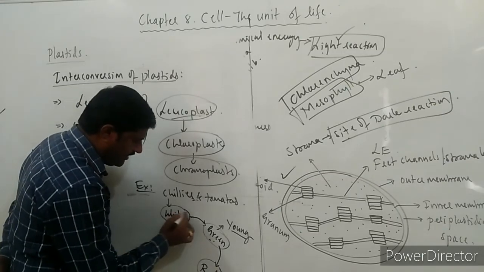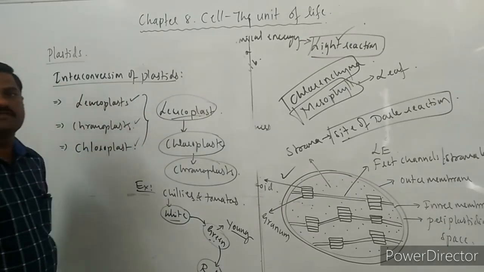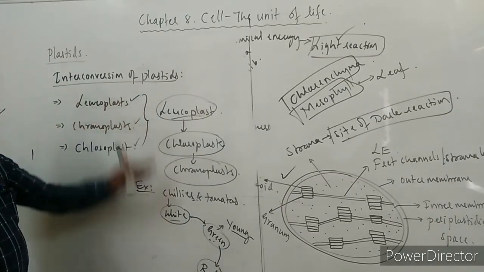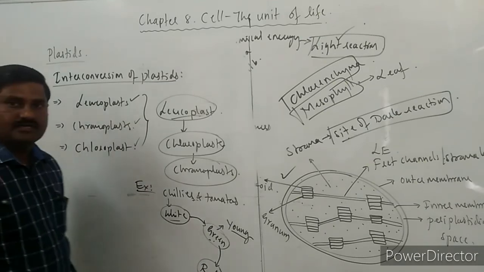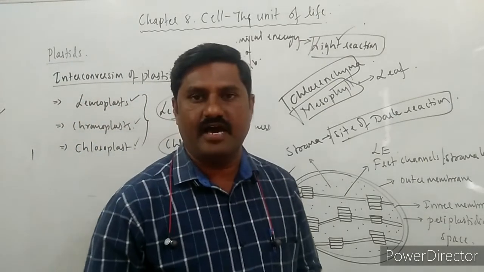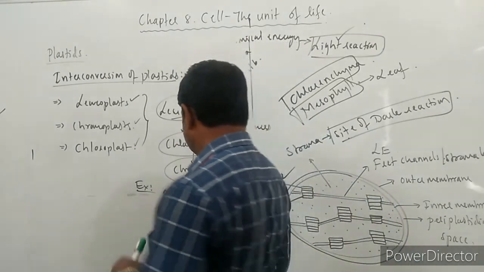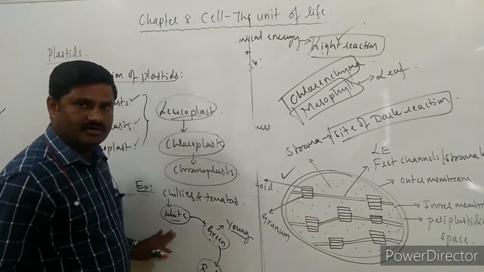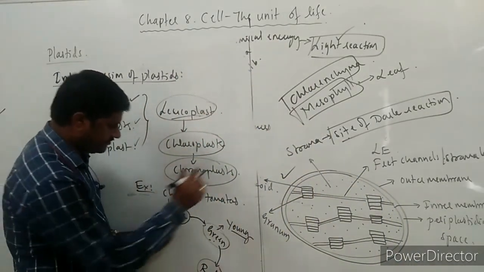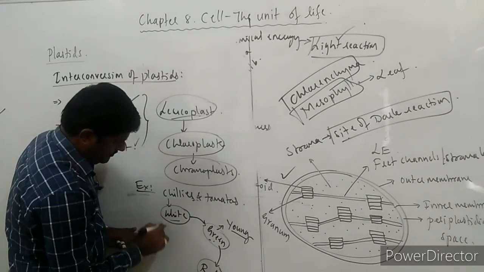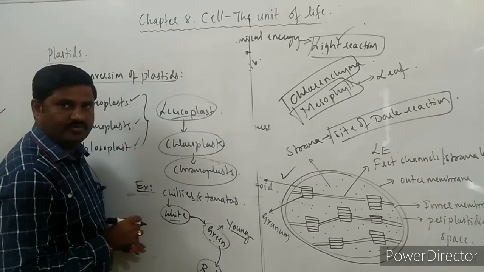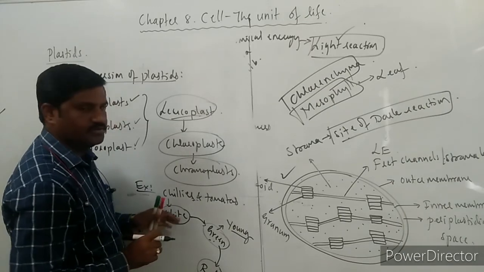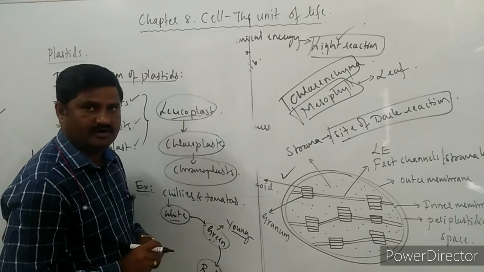This kind of interconversion of plastids occurs in some fruits, and sometimes flowers, especially in fruits. This is one example, and I hope it is enough for you to understand the interconversion.